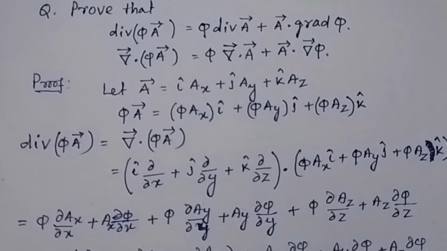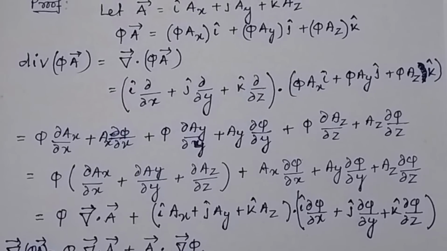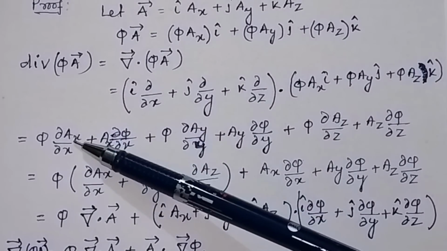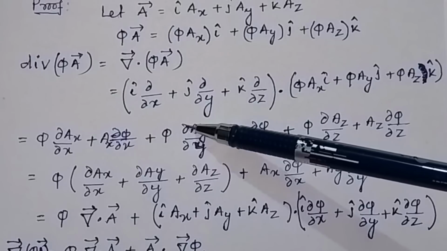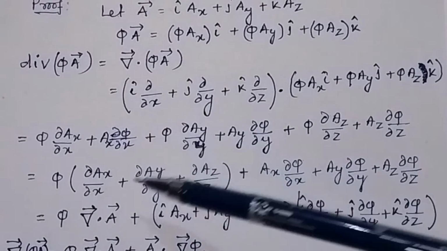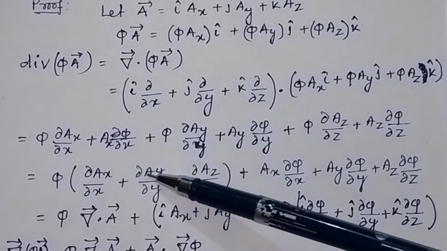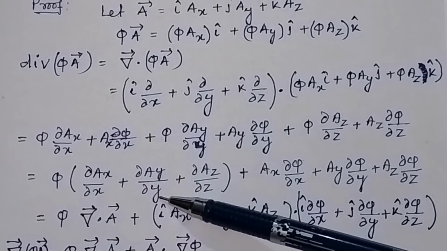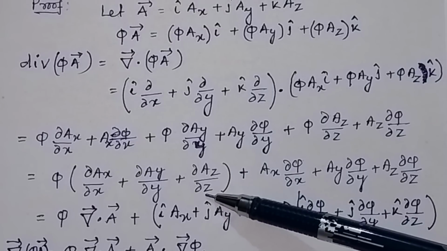Now you rearrange the terms. If you rearrange the terms, you take phi common from the first terms of each. In the bracket you have partial derivative of Ax with respect to x plus partial derivative of Ay with respect to y plus partial derivative of Az with respect to z.